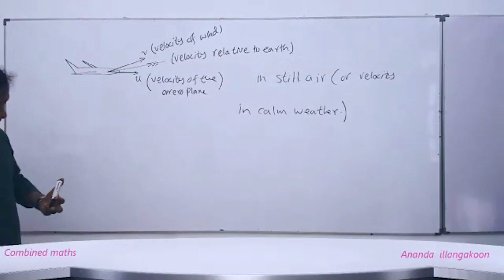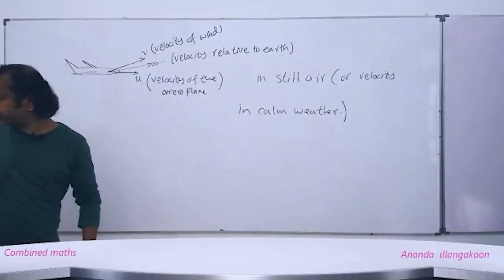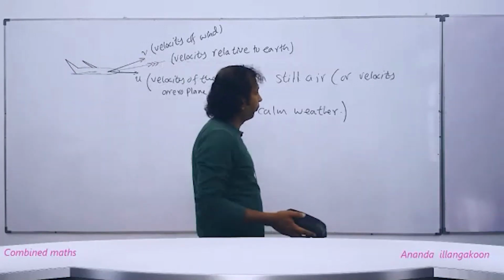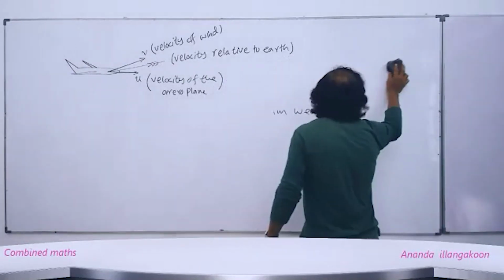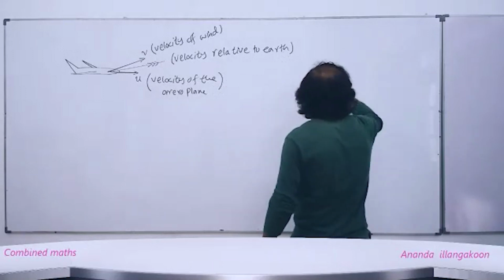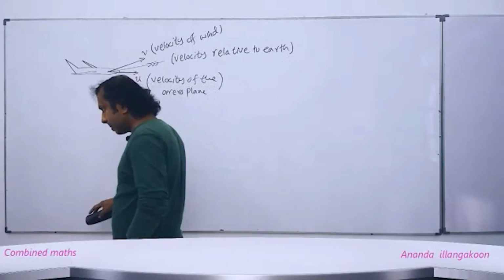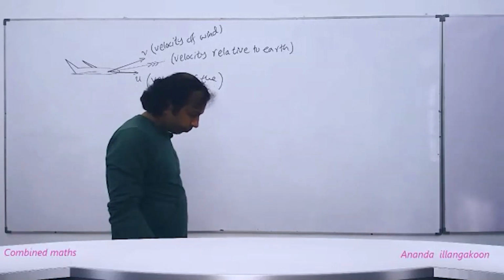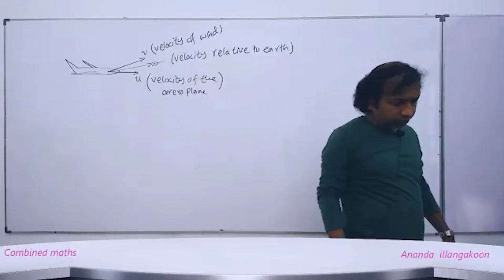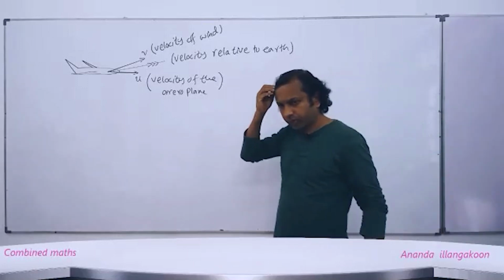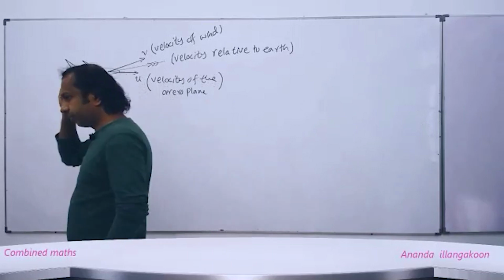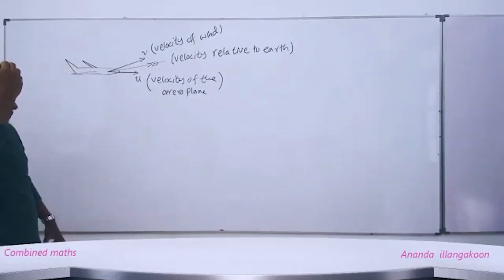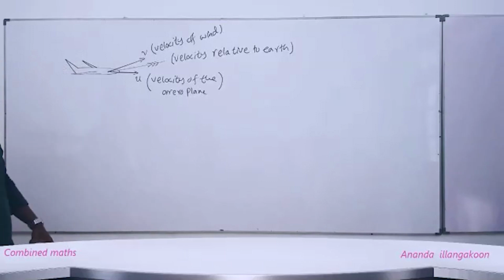This resultant velocity is called the velocity of the aeroplane relative to Earth.